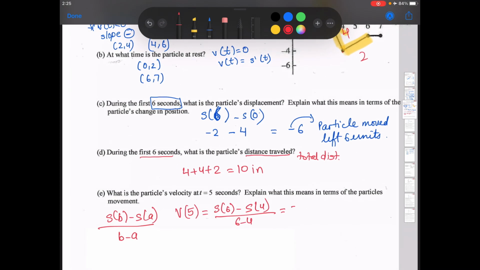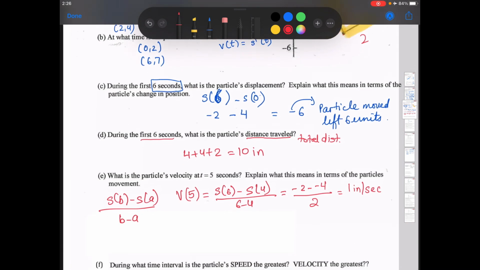S of 6 is negative 2 minus S of 4 is negative 4 over 2, which is what? 2 over 2, which is 1 inch per second, if I was to use the right unit. Now, remember, position was increasing and moving to the right because velocity is positive, which you could have seen from the graph itself.